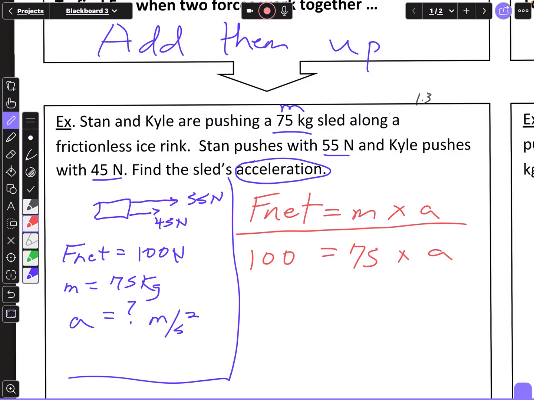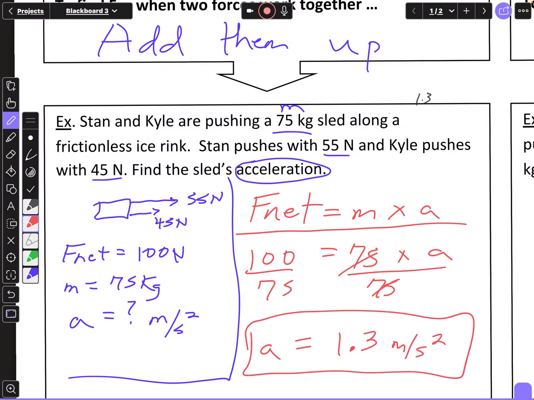So I'm going to divide both sides by 75. And then my a would be 100 divided by 75, which would give me 1.3, round to one decimal place, 1.3, and then units would be meters per second squared. Don't leave out the units. Otherwise, it's just a number.